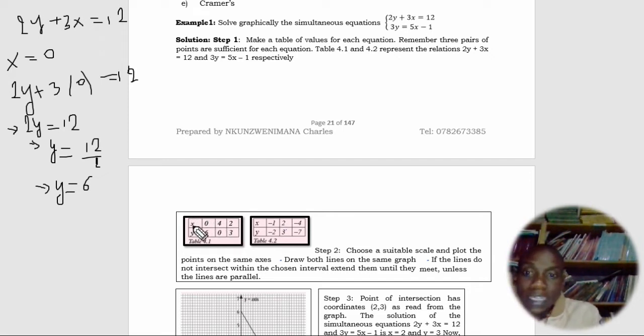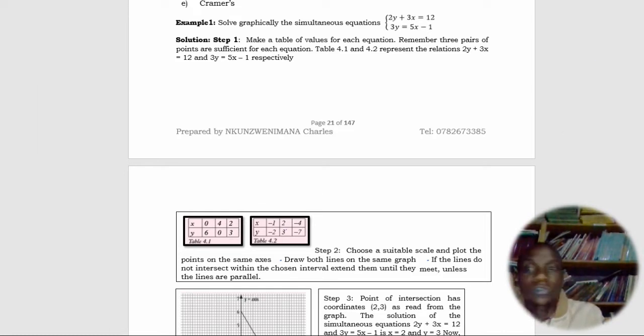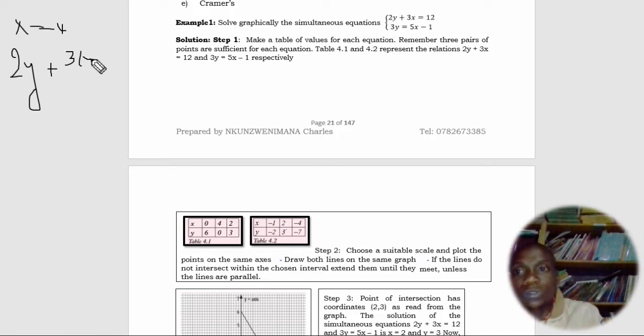And we have again to find the value of y when x equal to 4. If x equal 4, this means that 2y plus 3x, x now is equal to 4, which is equal to 12.